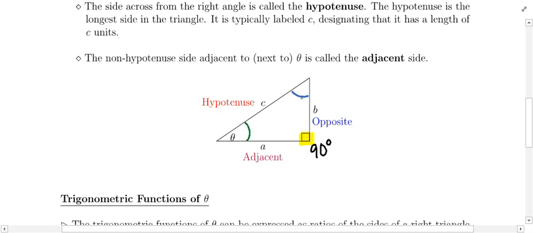I'm going to use a different color here, but it is acute as well. Out of these two acute angles, we just choose one and name it theta. So the green angle is the one that I have labeled theta here. Based on this angle theta, that is how we're going to label our right triangle.